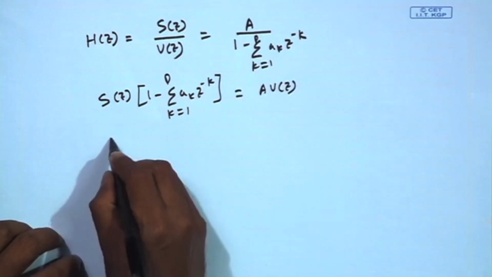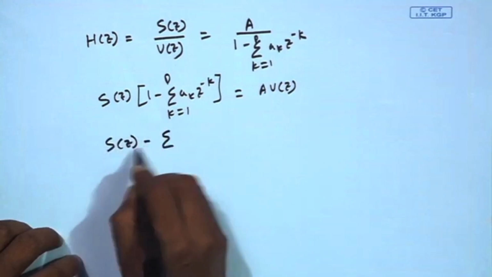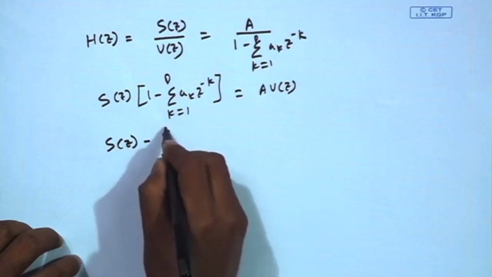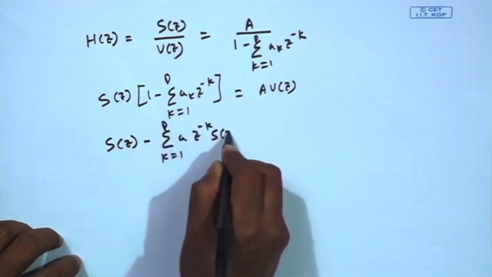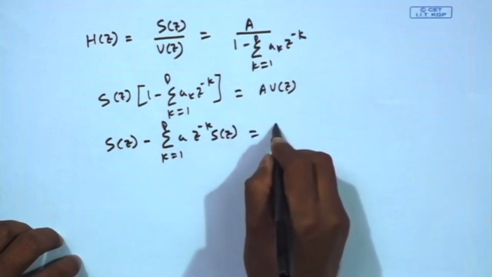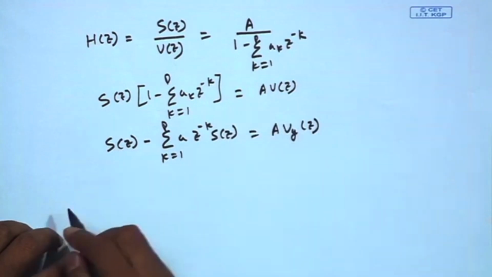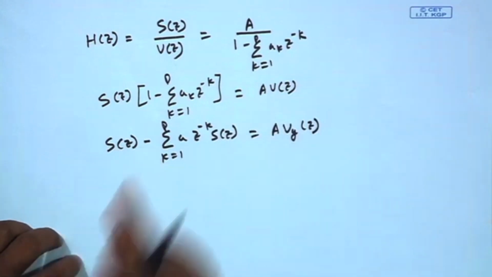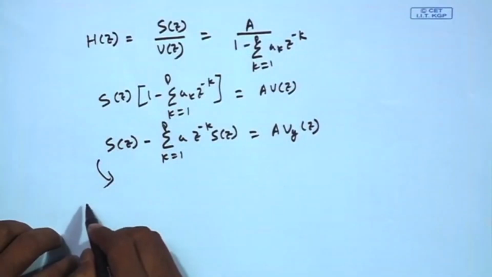Or I can write S(z) minus the sum from k equal to 1 to p of a_k z to the power minus k S(z) equal to A into U_G(z), which is the input of the vocal tract if it is voiced.